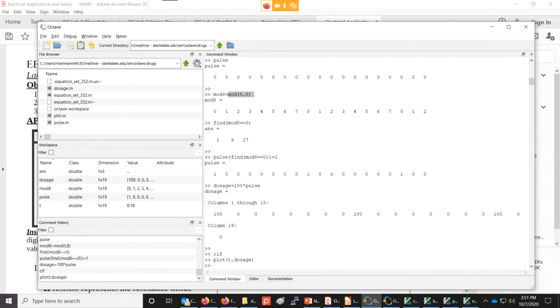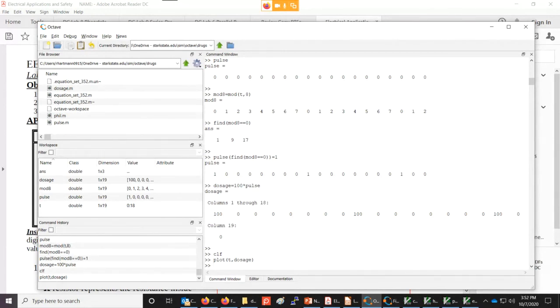Okay. So what we're doing is we're dividing by whatever value, and then we divide our t vector by that, and we get this reciprocating. I'm dividing by 8, so I'm going to end up with values 0 through 7. Then it's going to repeat 0 through 7, and then it's going to repeat 0 through 7 again and again and again.